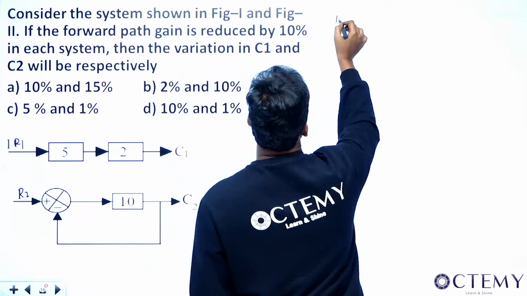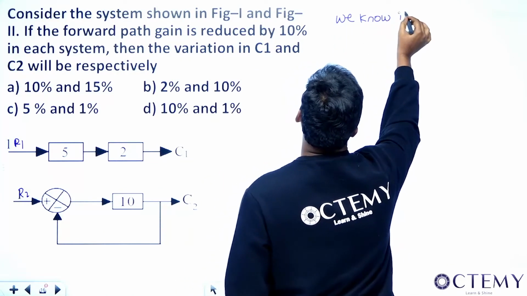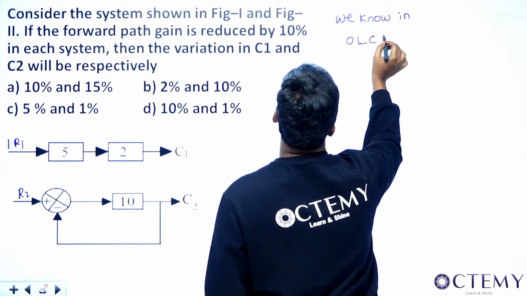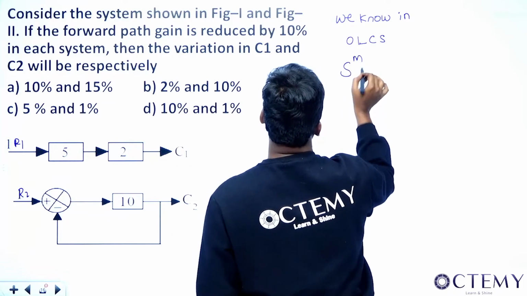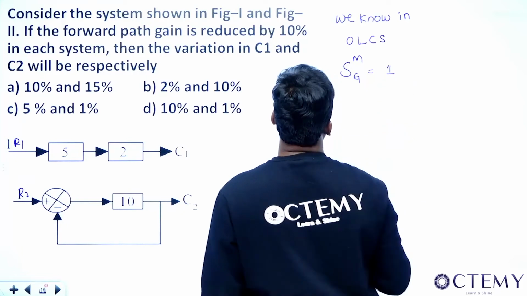We know that in open loop control system, sensitivity of overall gain with respect to this is equal to how much, sir? Simply 1, right?